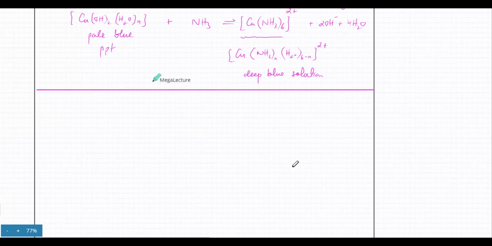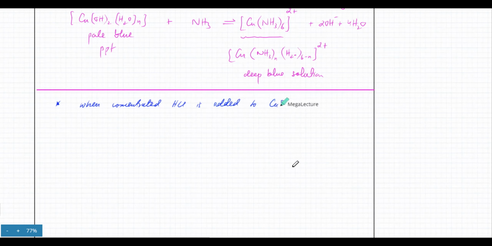So the question that you're going to get is, when concentrated HCl is added to copper sulfate aqueous, a blue solution, it slowly changes to a greenish yellow.